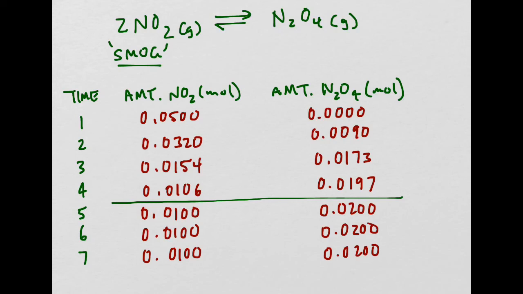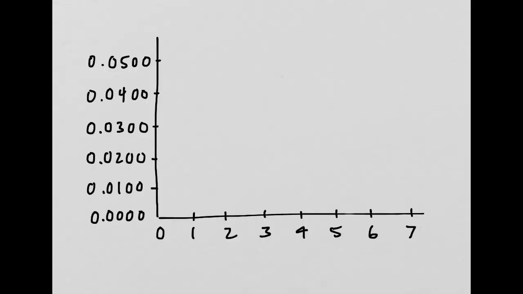Now, the important thing to do here too is to look and see what would happen if we graphed this exact data set. So you can see here I have a set of axes, and over here is the number of moles of the substance, and here we have the time.